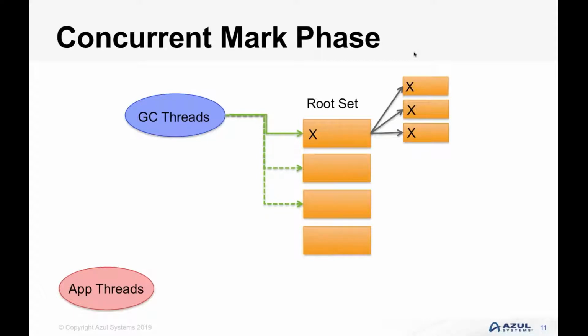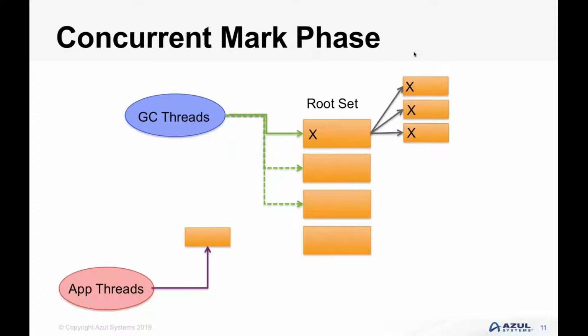Obviously, at this point, your application threads are still doing work. So they are creating objects, they're referencing objects, doing things that they need to do. What happens if an application thread comes along and says, I need to access an object which is not part of the root set, or wouldn't be part of the root set that's traced? Well, in that case, because we do this test and jump, we will look at the object header and we'll say, this object is not marked.